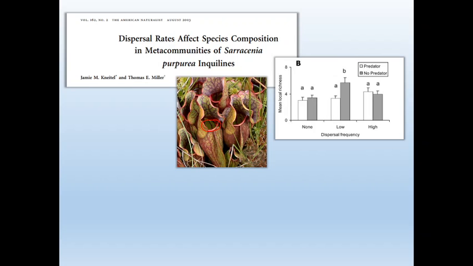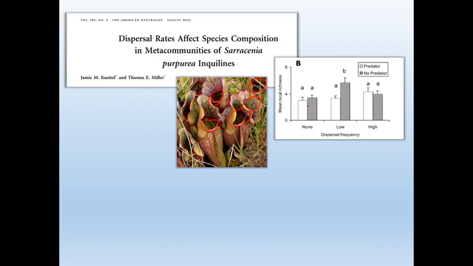Now, what's cool about these things is they're really simple communities that we can use in these types of meta-community studies, because this is essentially one patch, another patch, another patch, another patch. In these pitcher plants, you can have potentially hundreds of replicates in a relatively small area.